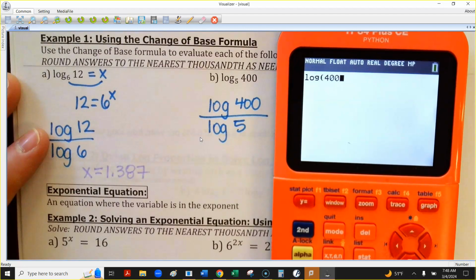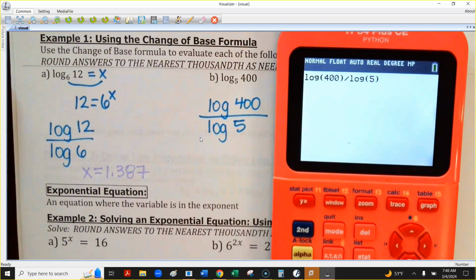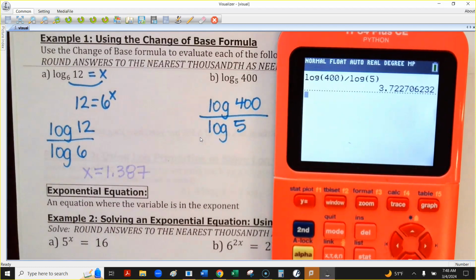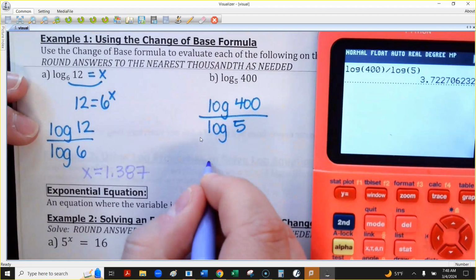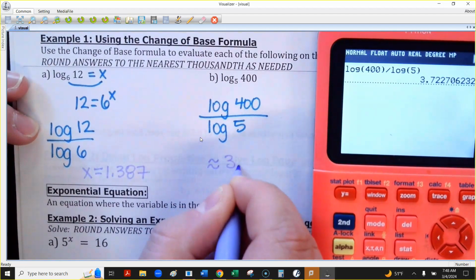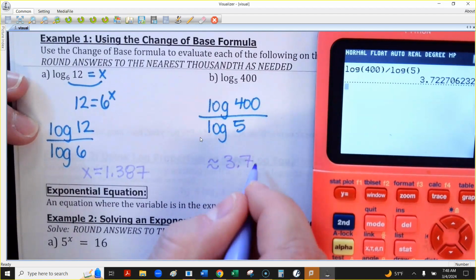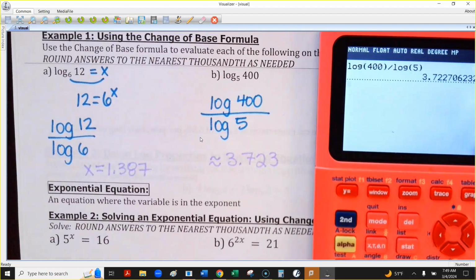Don't forget to close the parentheses. Should be approximately equal to, because I'm rounding this, 3.723. Is anybody not getting that or not finding that button on their calculator?